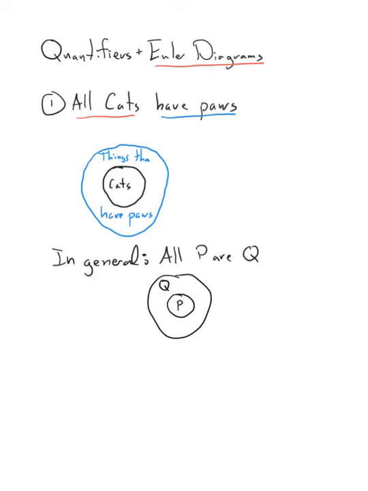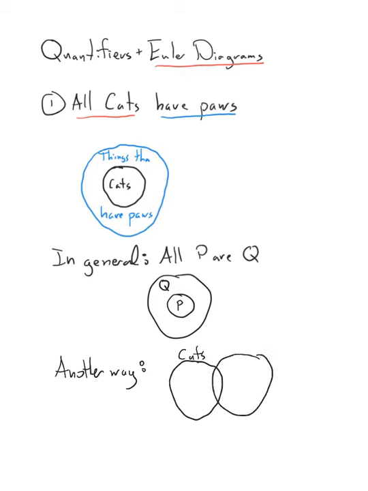So another way to draw this, if you like, some people like drawing it kind of more as a Venn diagram style thing. So let's say this is our cats, and these are things with paws. Well, if all cats have paws, what does that mean?